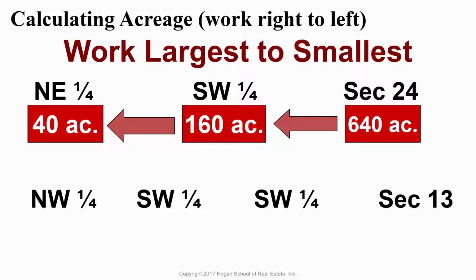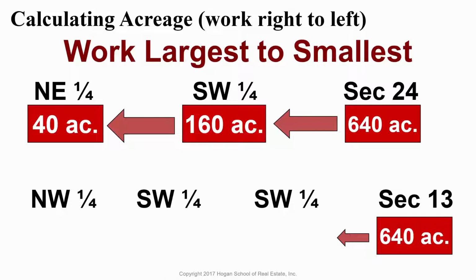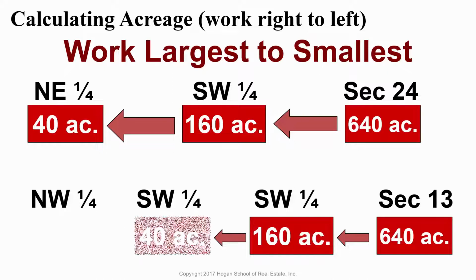Let's do another one. The northwest quarter of the southwest quarter of section 13. Section 13 is where we start. How many acres there? 640. And quartering, 1/4 of that is 160. 1/4 of that is 40. And 1/4 of 40 is 10 acres.